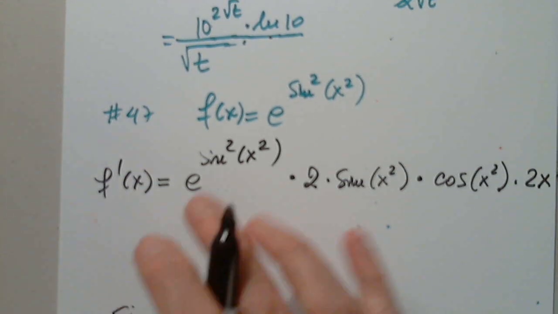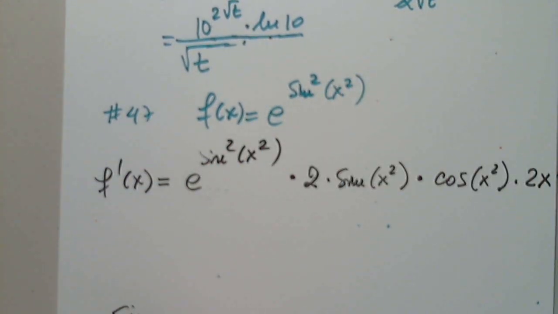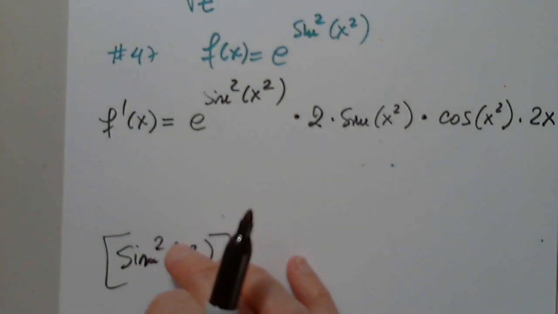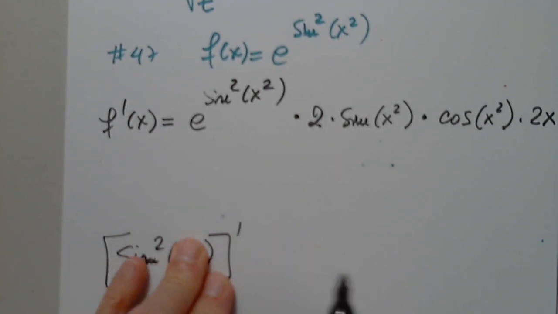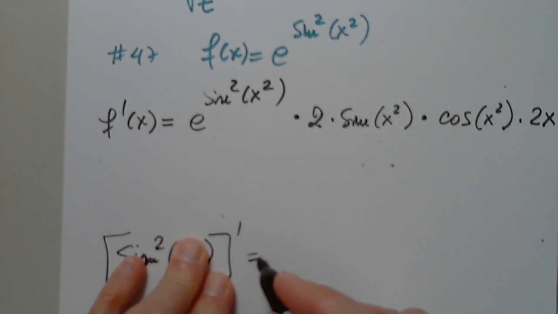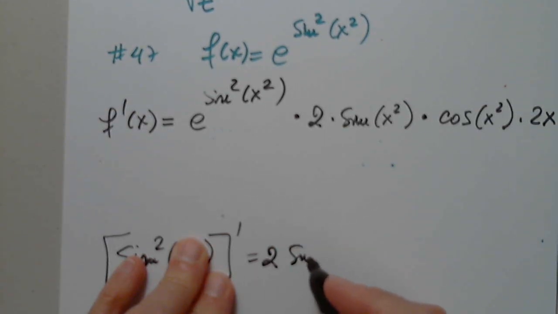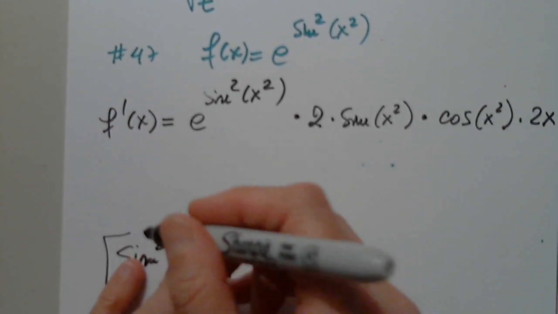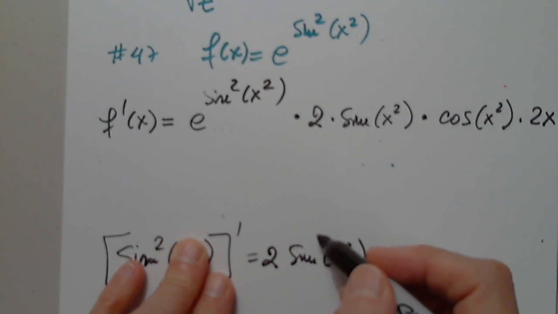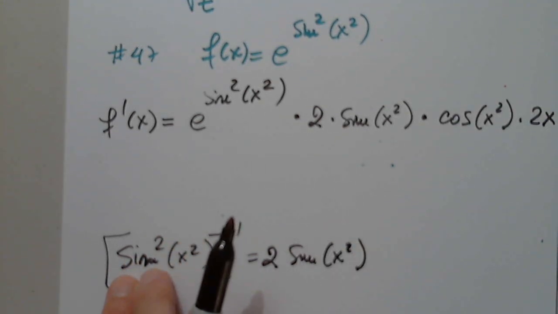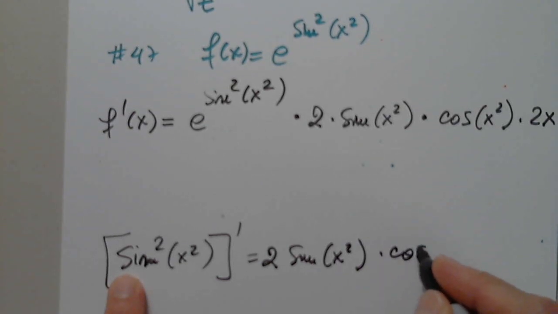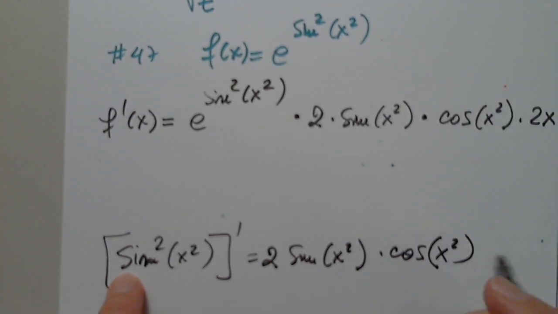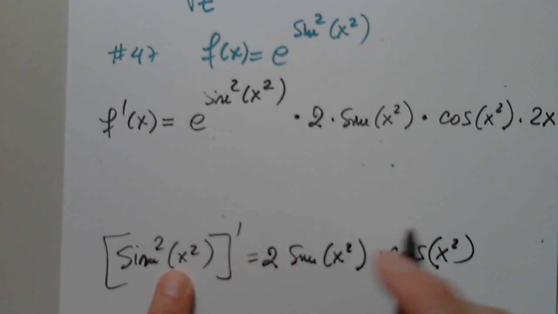So forget about e to that. Let's do this first. Sine squared of x squared. We want to differentiate this. So first, I differentiate the power. So I have 2 times sine of x squared to 2 minus 1 times the inner function prime, which is cosine of x squared, times the innermost function prime, which is 2x.